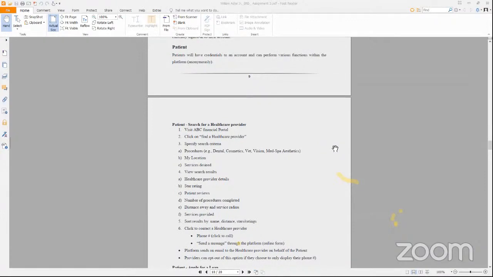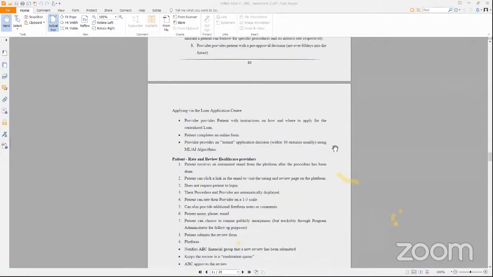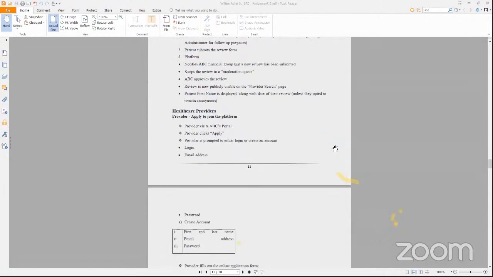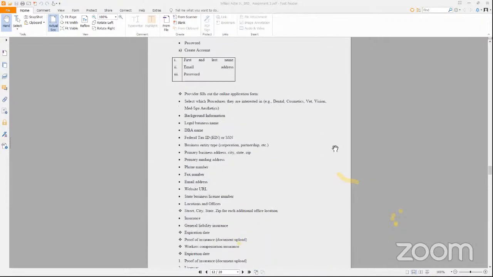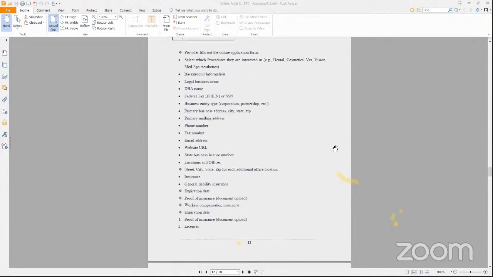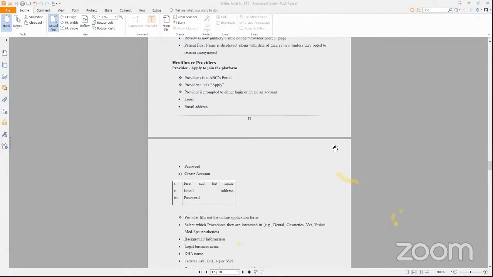Sure, so then, can you scroll down a bit? I saw something about the provider. Yes, I think somewhere there was a place where you mentioned the provider makes an application decision. I don't know whether it's at the top.